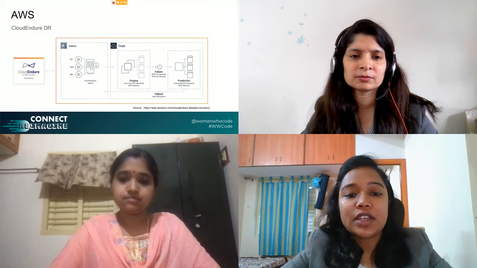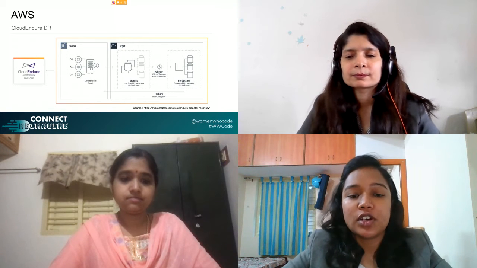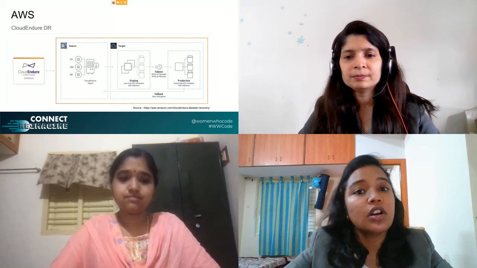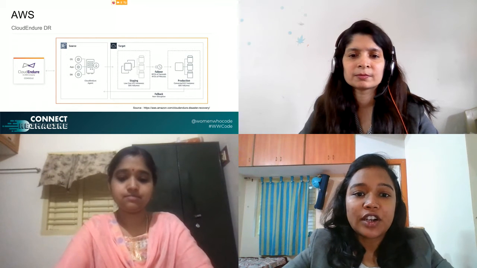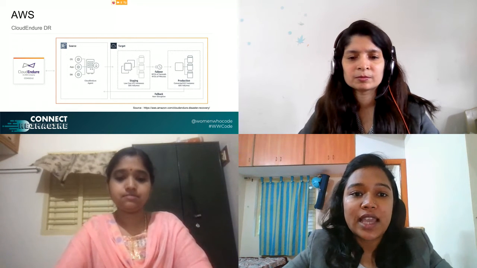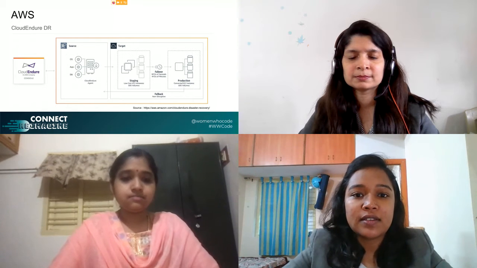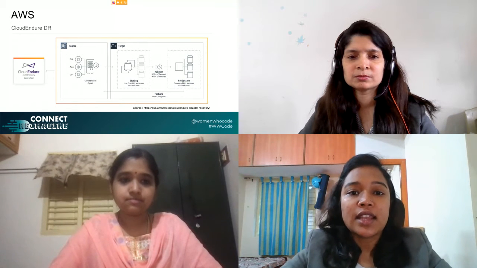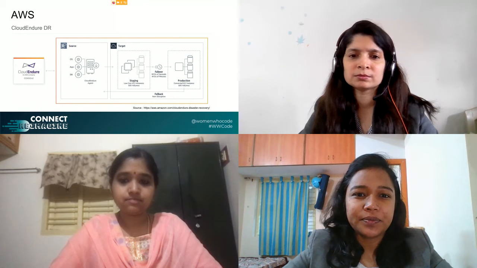So it has the flexibility of both replicating from on-prem or from other infrastructure as a service to AWS, or even across AWS. This is the brief architectural view of how exactly the Cloud Endure DRaaS is provided in AWS, which has the primary site and then the secondary failover site. So next one, Shweta.